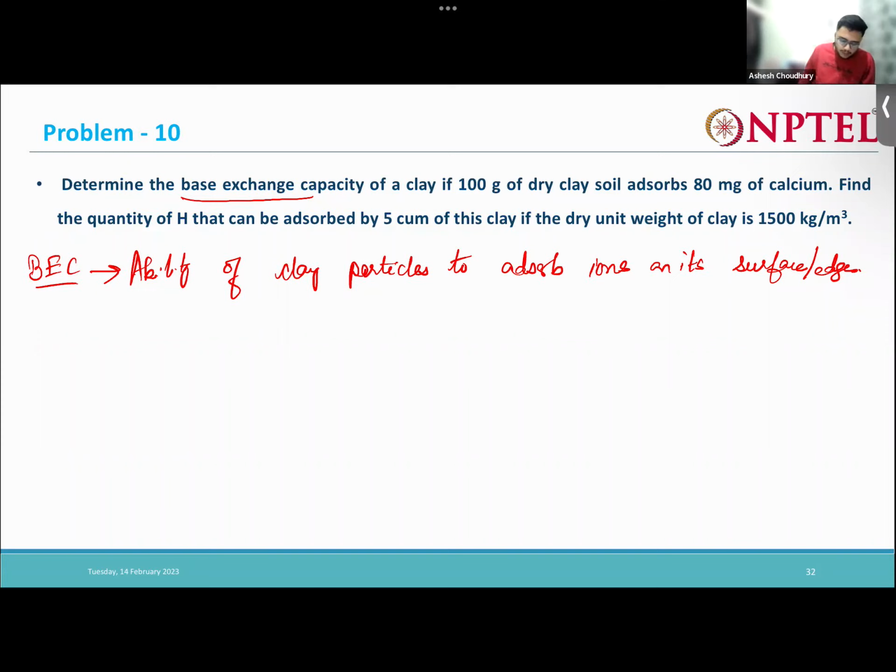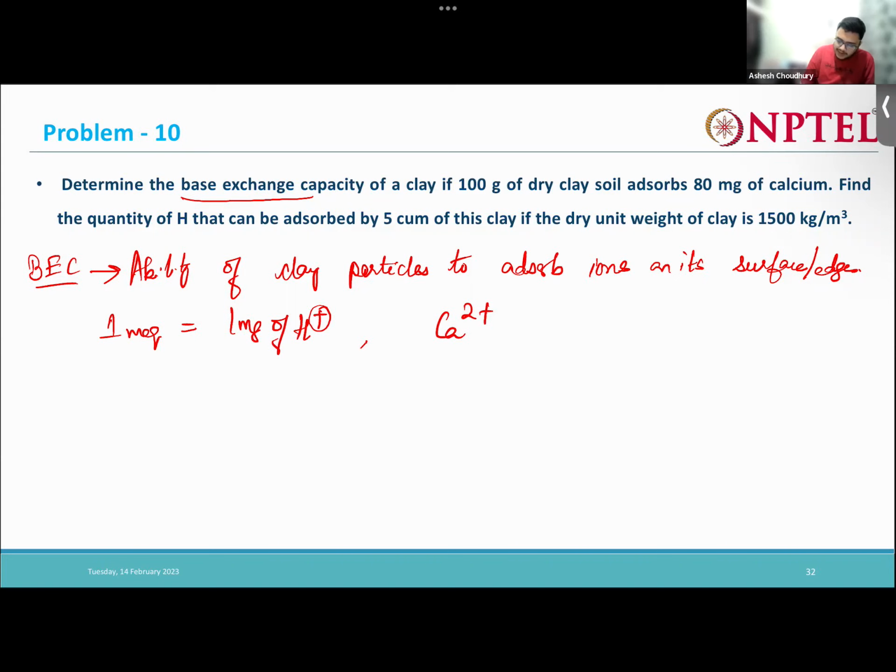So we need to see, it is given that 100 gram of dry clay soil absorbs 80 milligram of calcium. So what is 1 milliequivalent? 1 milliequivalent means 1 milligram of H plus. H is monovalent, one ion, H plus. And calcium is Ca2 plus, right?